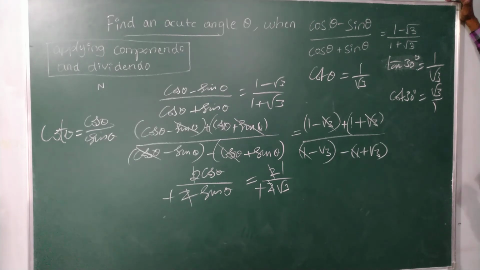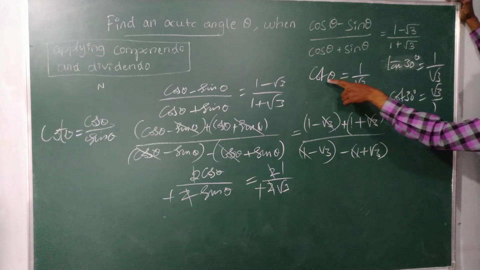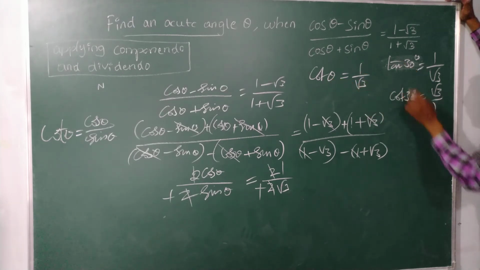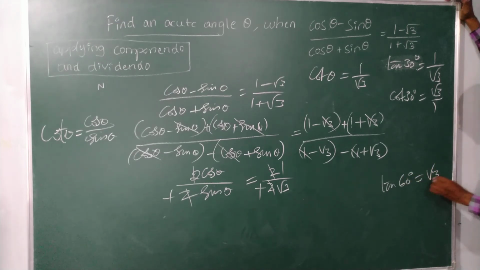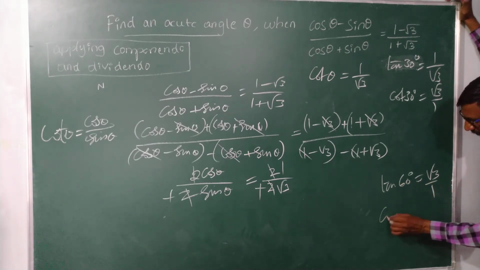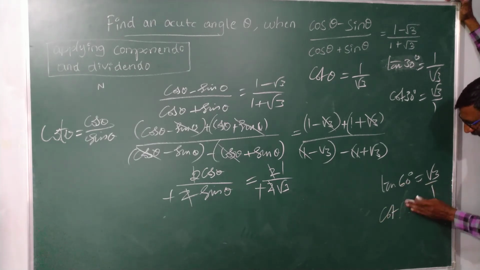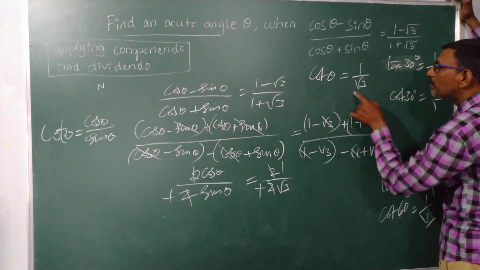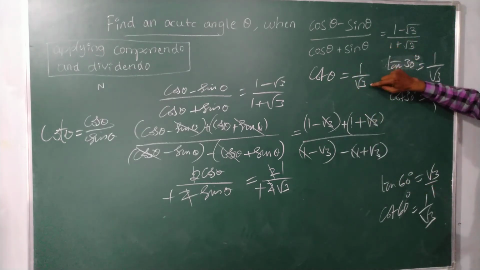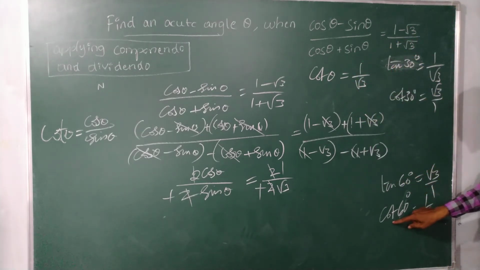Okay, next, cot theta is equal to 1 by root 3. Now we go to tan 60 is equal to root 3. Its inverse ratio, cot 60, is equal to 1 by root 3. In place of this 1 by root 3, I would like to write cot 60.